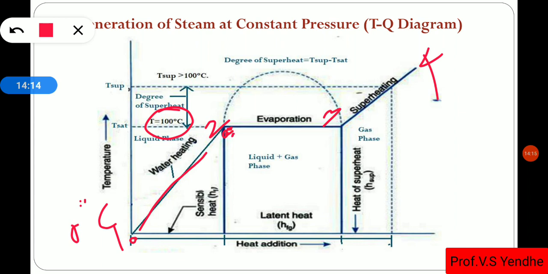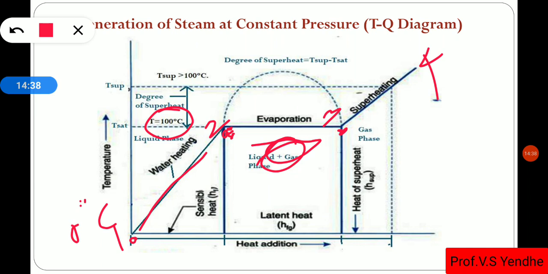From 2 to 3, after heating for some time period, there is the evaporation of the liquid water, whatever water is remaining. So finally we will get dry saturated steam at point number 3. Which steam? Dry saturated steam.